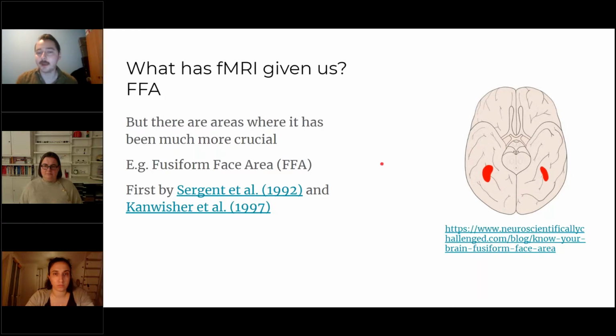But whether the human visual system and the human cognitive system has a specific module for processing faces is a lot more of a novel idea. Finding a brain region that does seem to be pretty selective for processing faces has been quite crucial in promoting the hypothesis that there is, in some sense, a dedicated module for processing faces and face-related information.